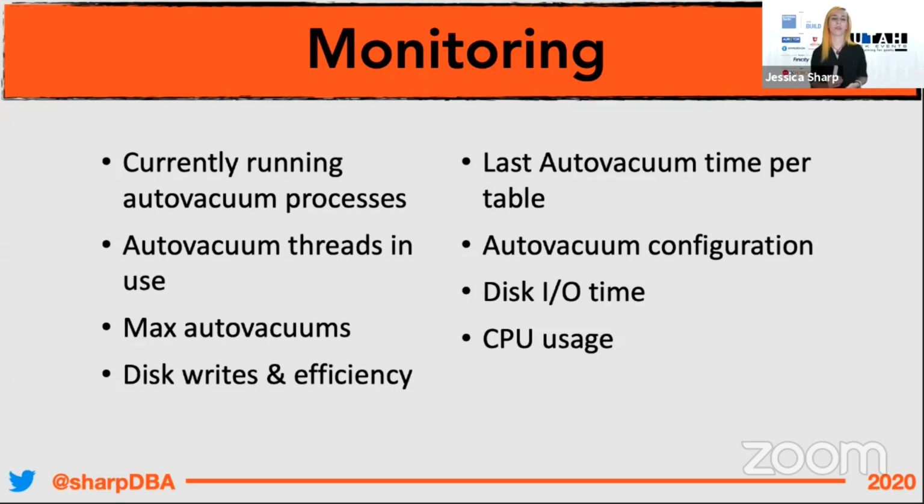You want to monitor your currently running autovacuum processes, and you'll want to document which processes are running on which tables and indexes over time, because trending that data might sound like an extra chore, but it's helpful, I promise.